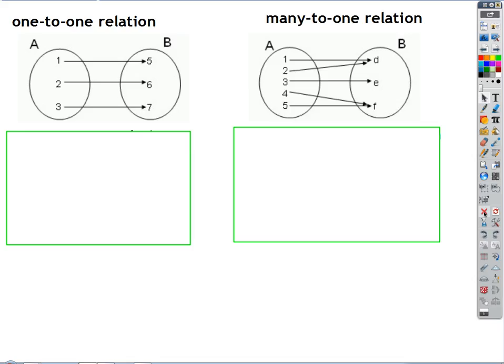Okay, because there's at least one instance where more than one element of the domain is mapped to a single element of the range, right? Does that make sense? But there are no instances where more than one element of the range is mapped to a single element of the domain, right? It only goes one way on this, in other words.